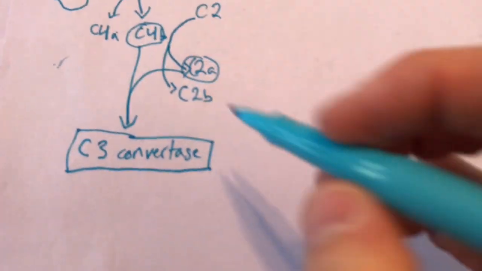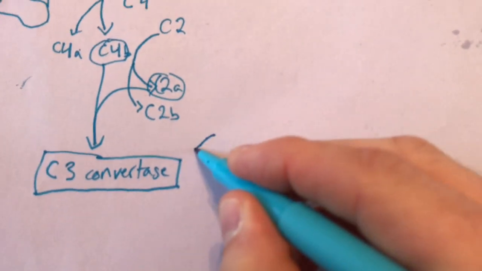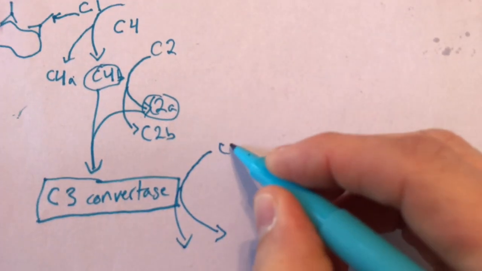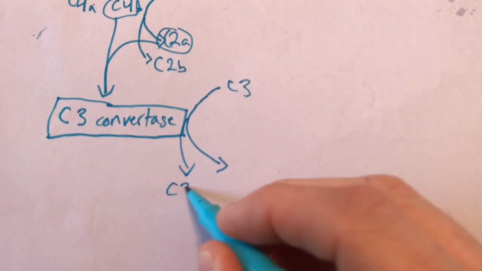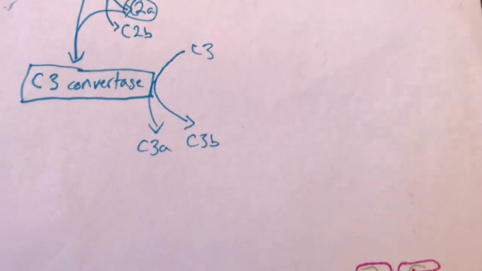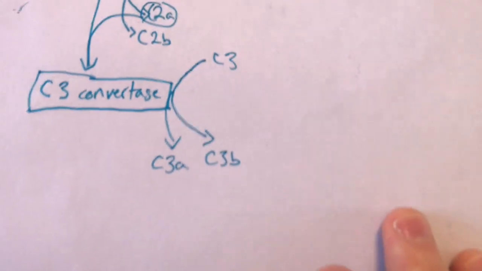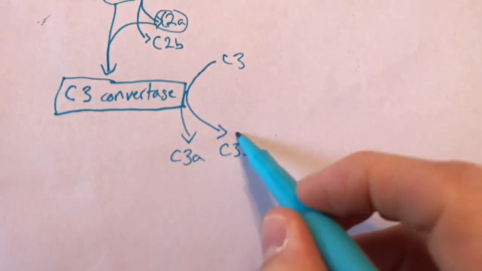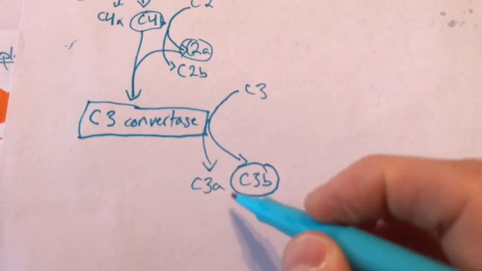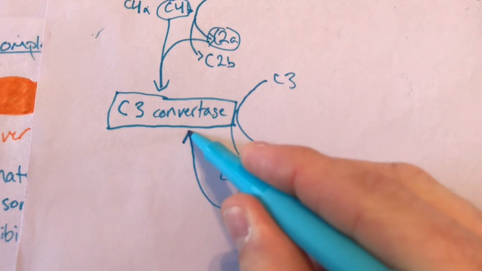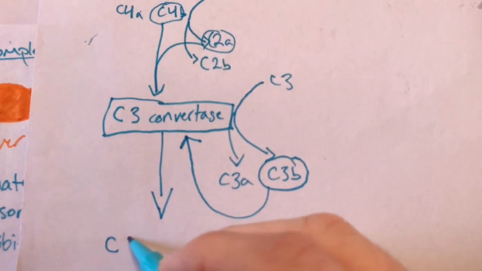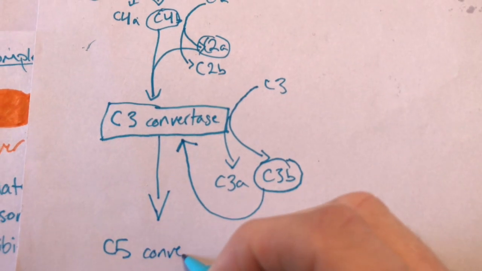Not surprisingly, C3 convertase is responsible for cleaving C3 into C3A and B. C3b then, once this is cleaved away from the original protein, will combine to C3 convertase, and all of that will become C5 convertase.